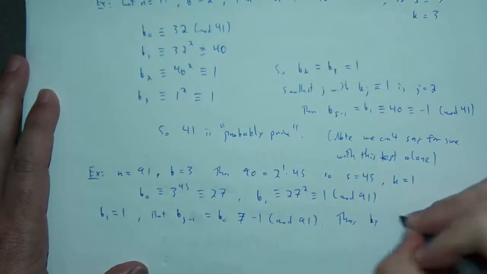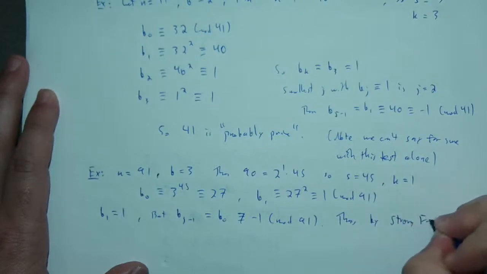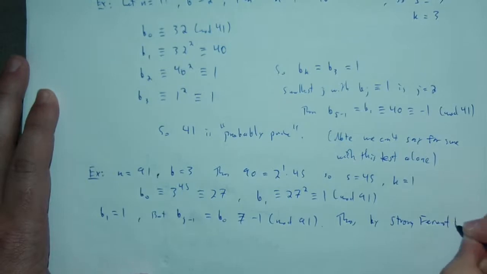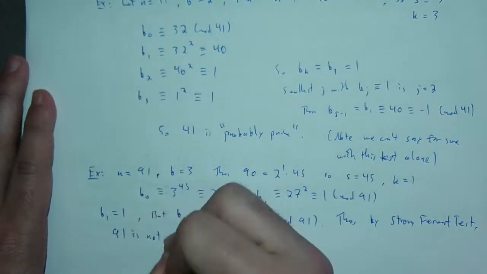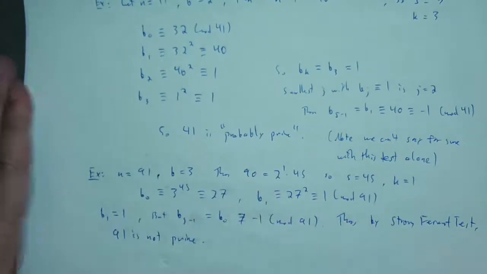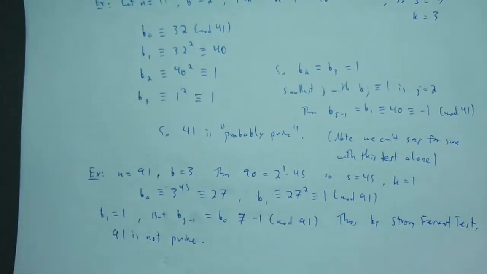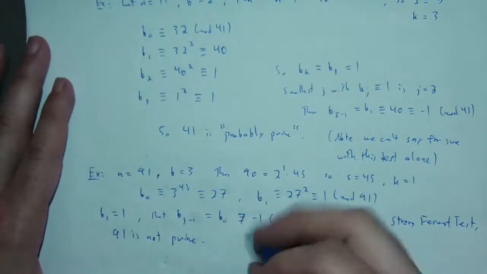Thus, by the strong Fermat test, 91 is not prime. The reason I wanted to show you this example is because we saw earlier that 91 is a 3 pseudoprime.